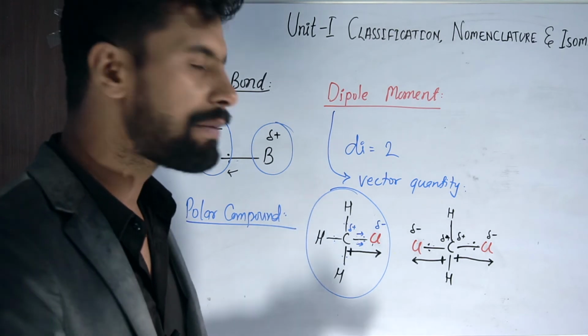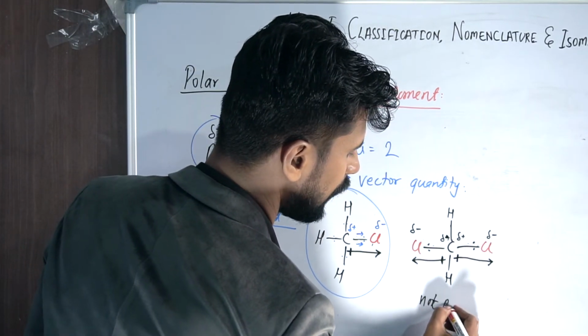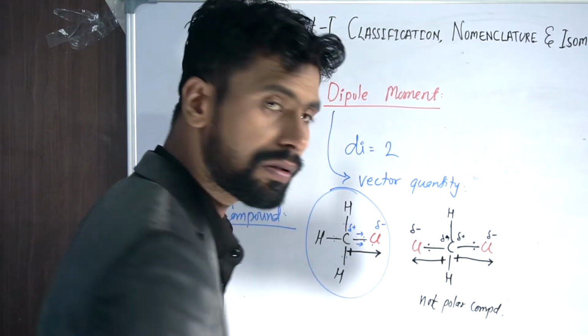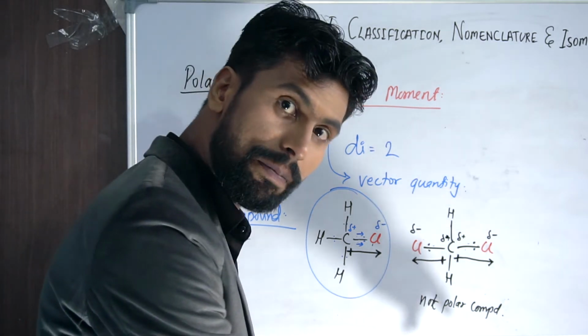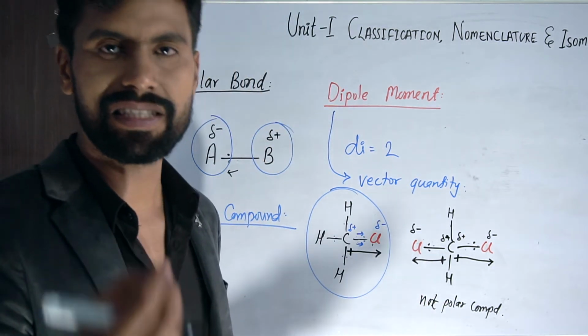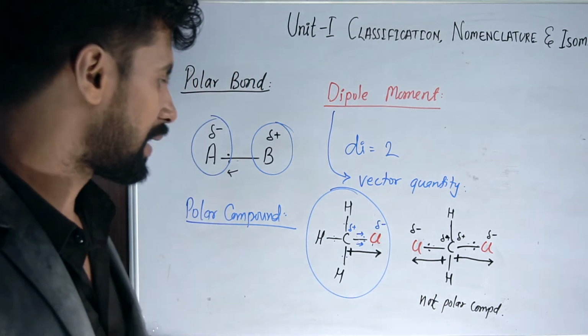Since there is no net dipole moment, this compound is not a polar compound. Why not? It has polar bonds, not one but two, but the net dipole moment is 0. Since the net dipole moment is 0, this compound is not called a polar compound.